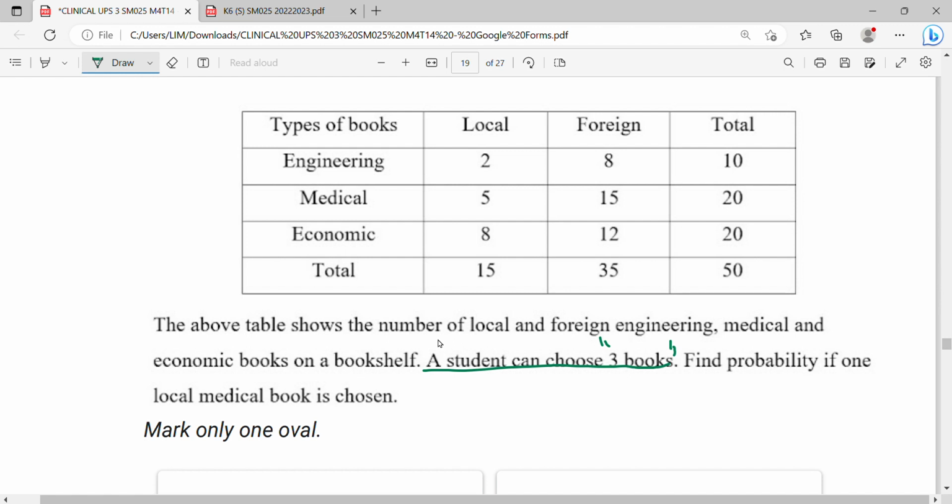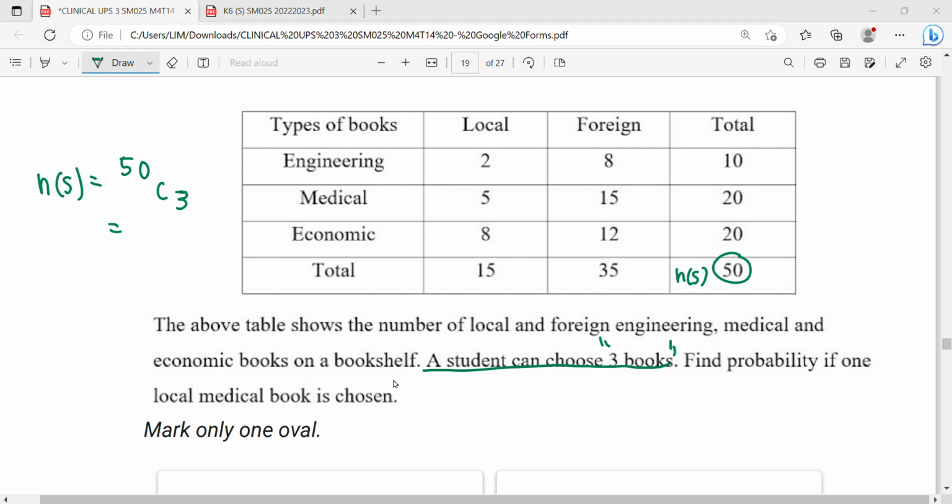So your number of sample space, overall choosing 3, will be 50 choose 3. Overall first. So our NS is not 50. If you choose one book, it's fine, among all these it would be 50, but this one you want to choose 3. So without any restriction, without any condition, our sample space is 50 choose 3. So your total will be how many ways?